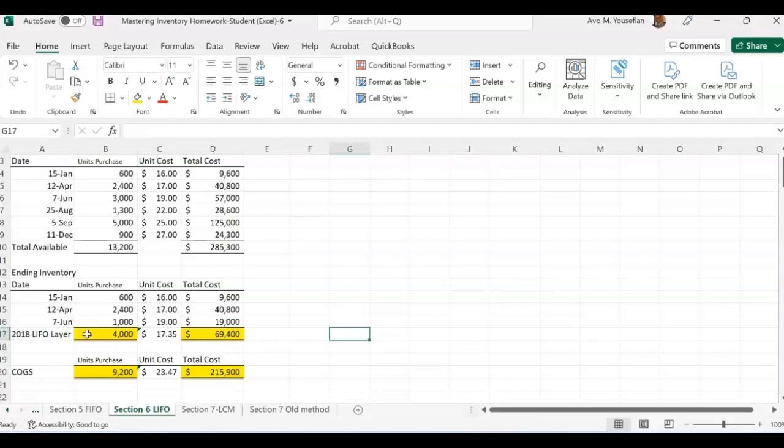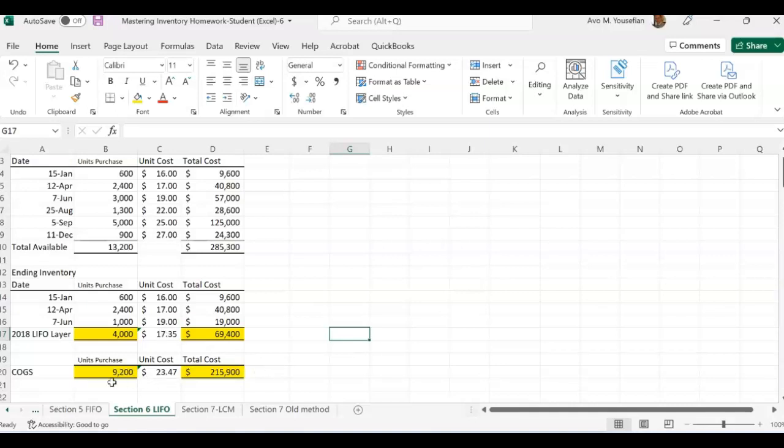So make sure you understand that this is your LIFO layer, which goes to next year and becomes the beginning inventory. And it's important to know what's the cost per unit. And that's why you use average costing at that point.